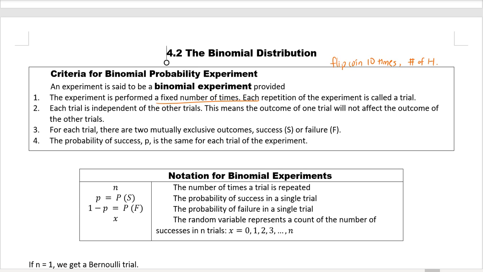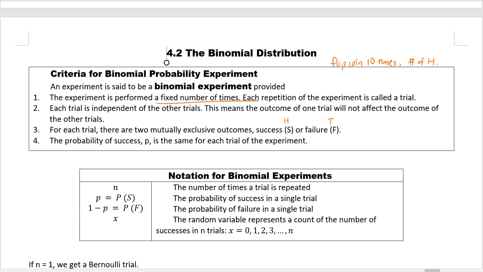Second, each trial is independent of the other trials. This means the outcome of one trial will not affect the outcome of the other trials. Third, for each trial, there are two mutually exclusive outcomes, success S or failure F. So in our example, if we flip the coin 10 times and we want to count the number of heads, getting head is the success, getting tail is the failure.